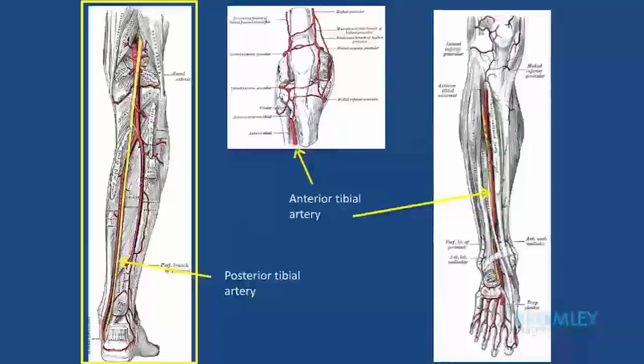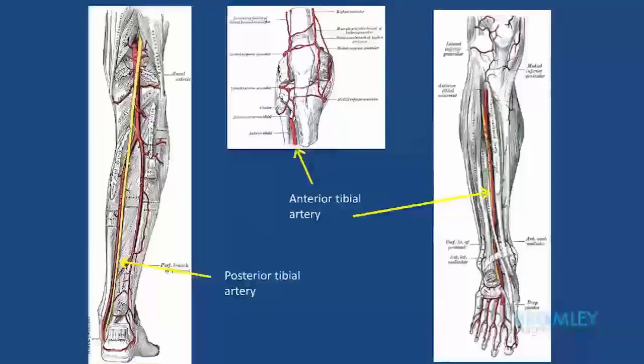So when we feel the pulse just behind the medial malleolus, that's the posterior tibial artery we're feeling. The other artery that comes off at the origin of the posterior tibial artery is the fibular artery, which runs down more laterally. It's a smaller artery. We don't need to concern ourselves with it so much. It provides for a lot of the muscular supply in the back of the lower leg.